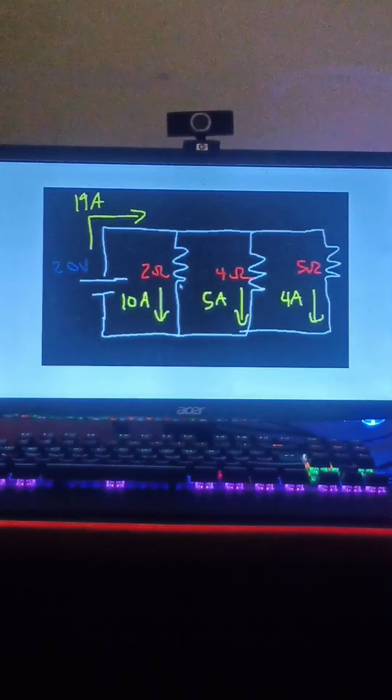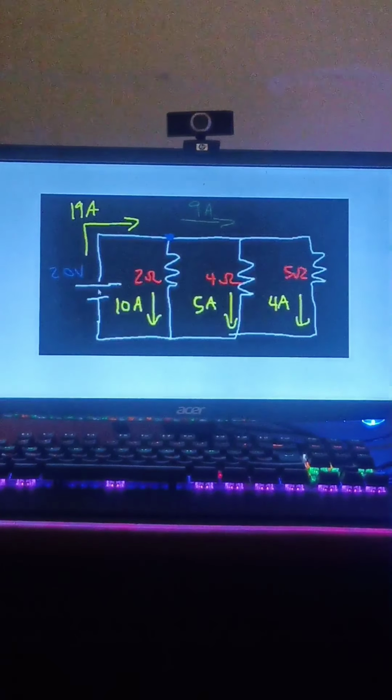After that, we find the total current of this circuit. You add 10 plus 5 plus 4 equals 19 amperes. To prove Kirchhoff's law, 19 amperes go out of the supply.